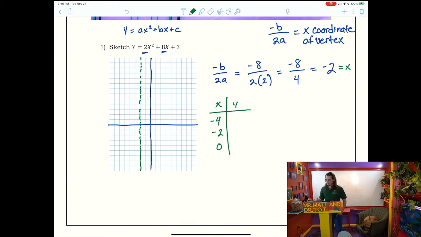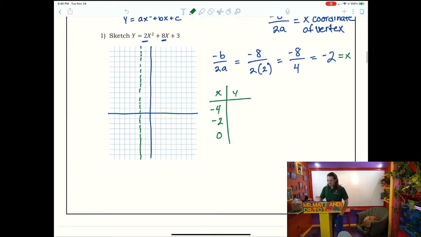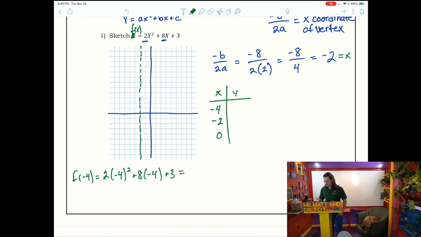Plugging those values in, if I'm going to call this f of x instead of y, to evaluate f of -4, I'm just going to plug in -4 for x. This is going to be 2 times -4 squared plus 8 times -4 plus 3. So that's going to be 2 times 16 minus 32 plus 3.